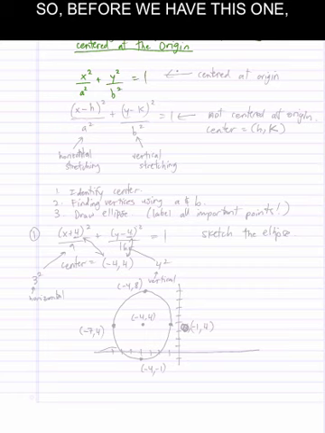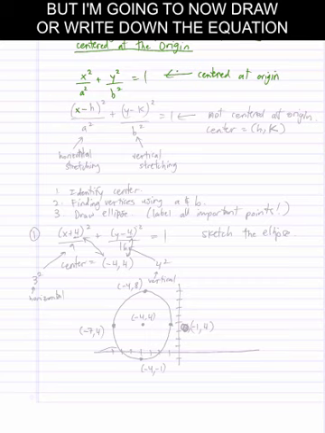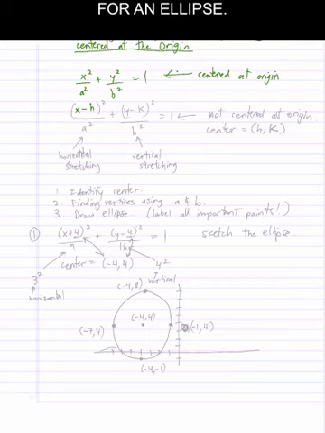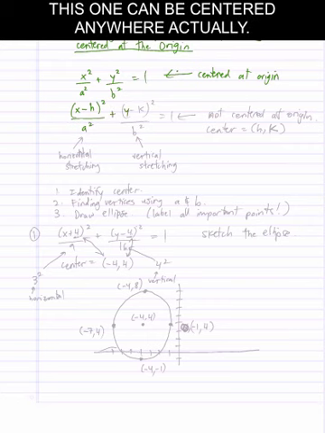So before, we had one that is centered at the origin. But I'm going to now write down the equation for an ellipse that is not centered at the origin. This one can be centered anywhere, actually.